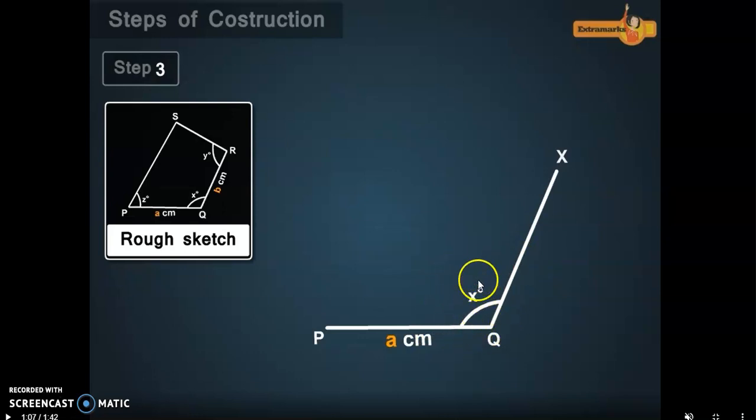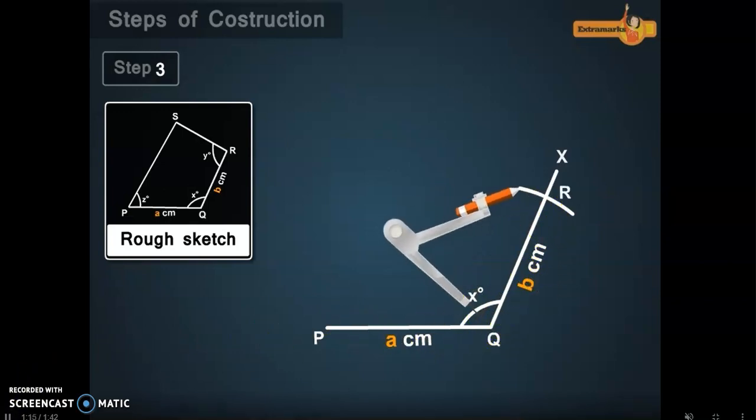Here they have shown it in general, but in an exercise we will not have X degrees. Instead we will have a measurement. Is it clear? So next you have to place a compass at Q and draw an arc. What statement will I use here? Yes, with Q as center and radius B centimeter.